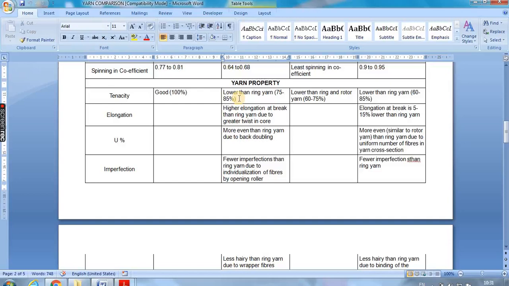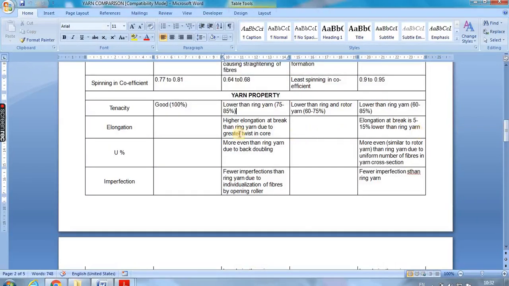Right? So this is the influence of yarn structure on the strength. Other than the yarn structure, there is the spinning tension. The spinning tension is less in the case of rotor, so the yarn strength is less than the ring yarn. So yarn structure as well as the spinning tension play a role in the yarn strength.